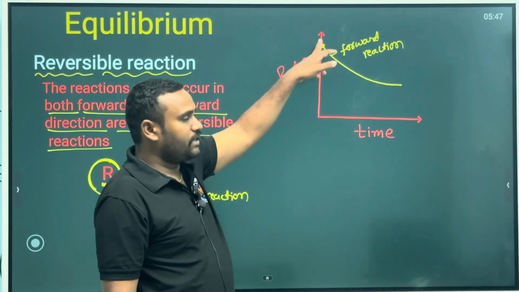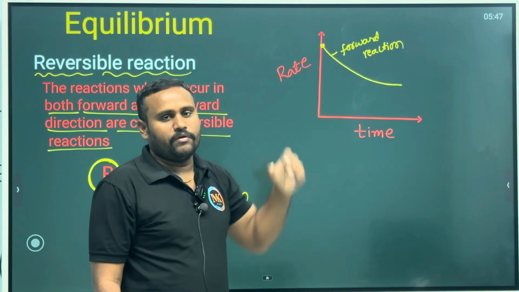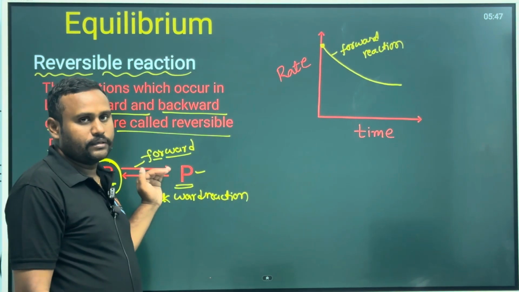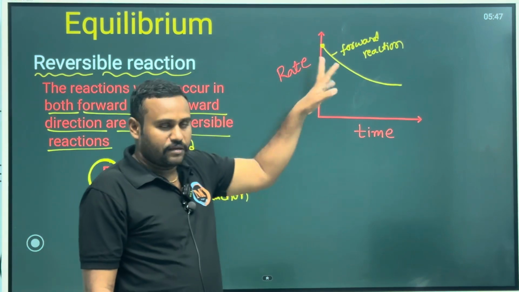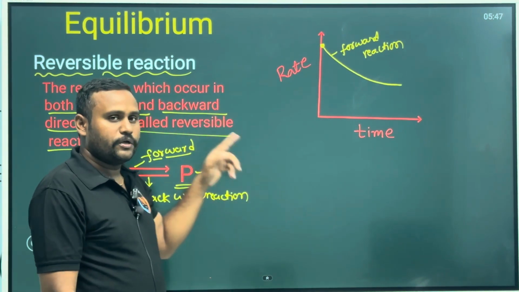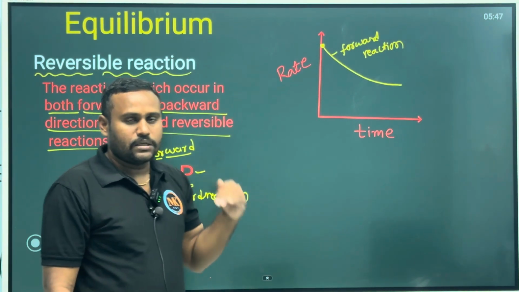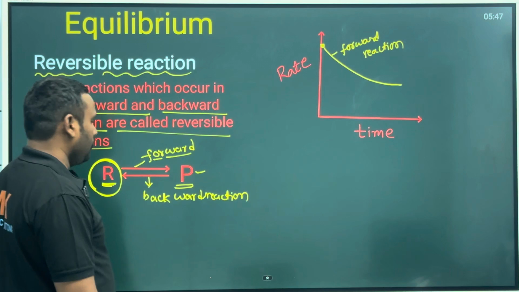At initial time the rate of forward reaction is very high, because we start with only reactant. As time proceeds, the rate of forward reaction slowly decreases, because the concentration of reactant decreases.